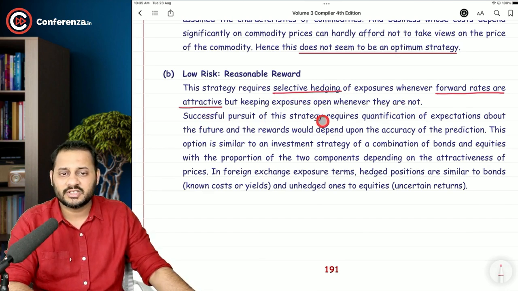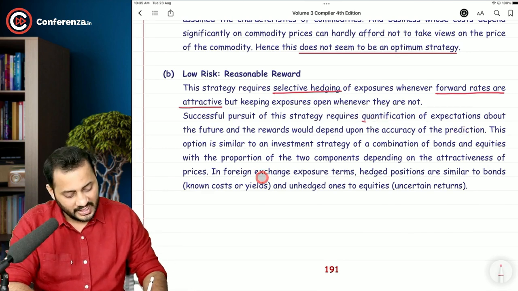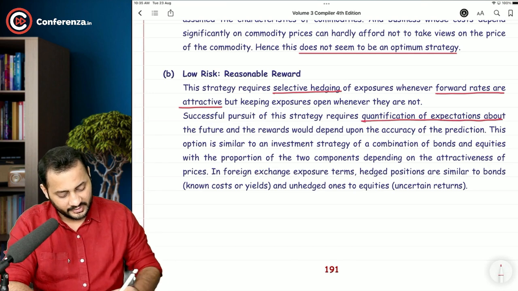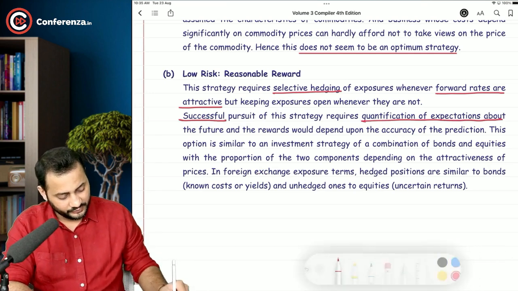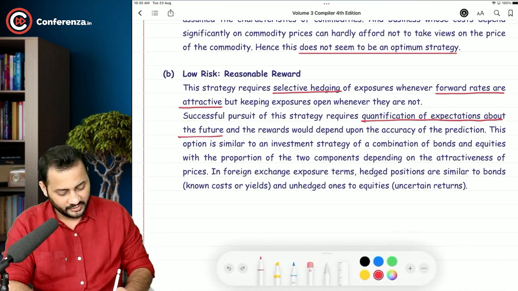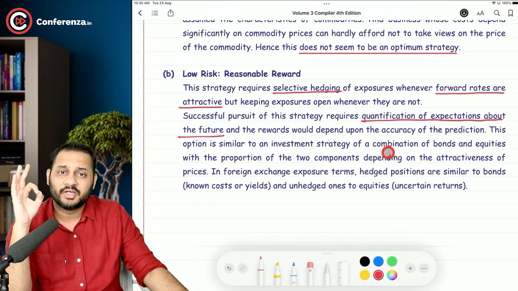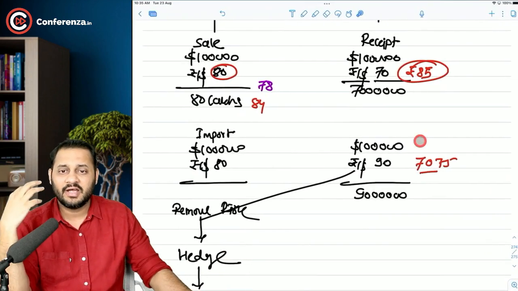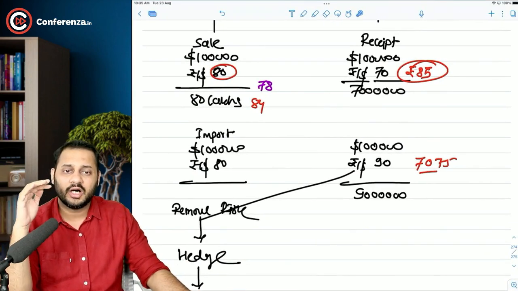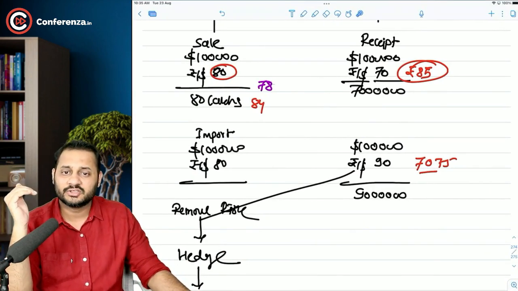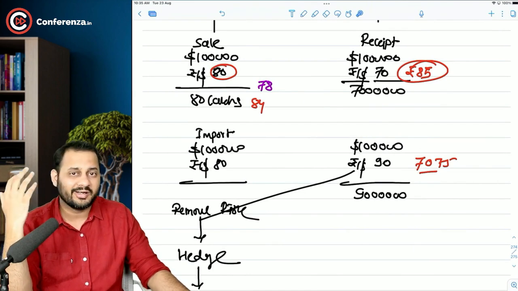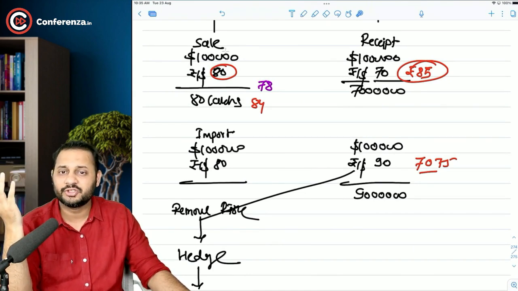Successful pursuit of this strategy requires quantification of expectation about the future. You will have to find out what the market will be in the future. So yes, you will have to do some quantification. And rewards would depend upon the accuracy of the prediction. See, if I am expecting that the market will go up tomorrow, and because 78 is not an attractive rate, I am keeping the position open.